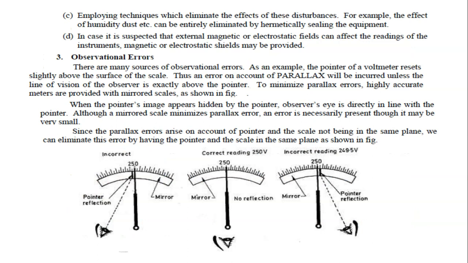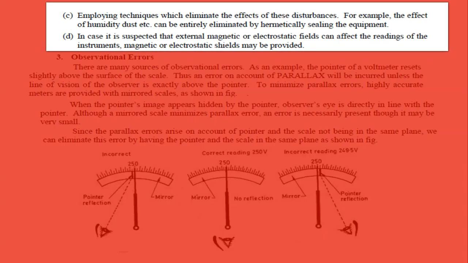The third and fourth way is by employing techniques which eliminate the effects of these disturbances. For example, the effect of humidity, dust, etc. can be entirely eliminated by hermetically sealing the equipment. If the reading is affected by an external magnetic or electrostatic field, we can provide magnetic or electrostatic shields.